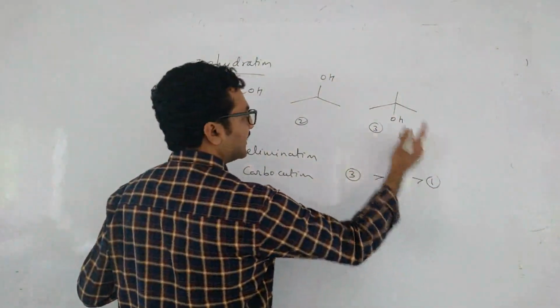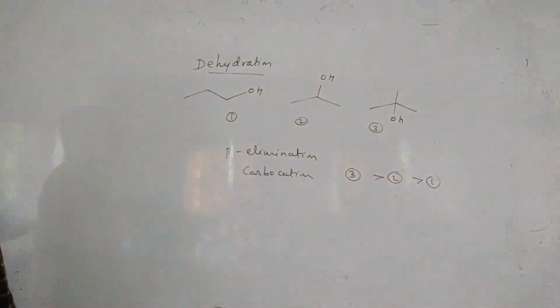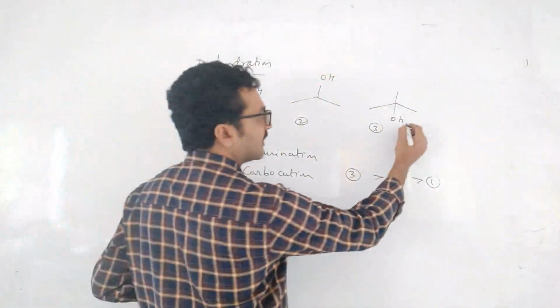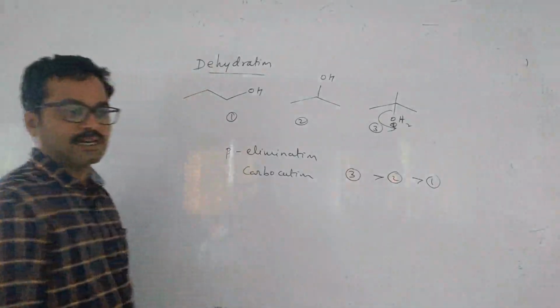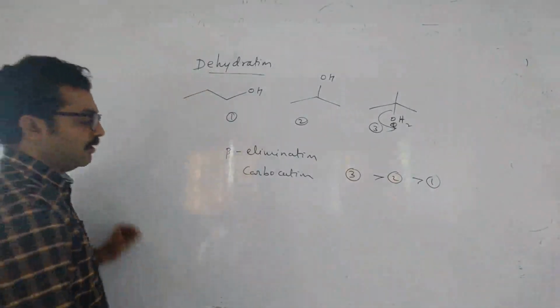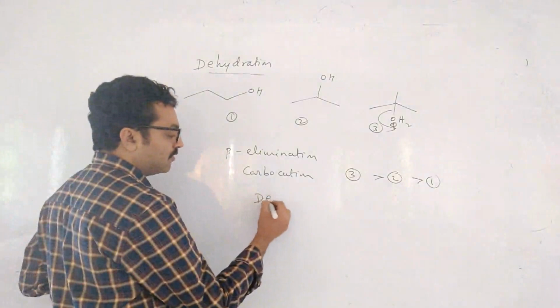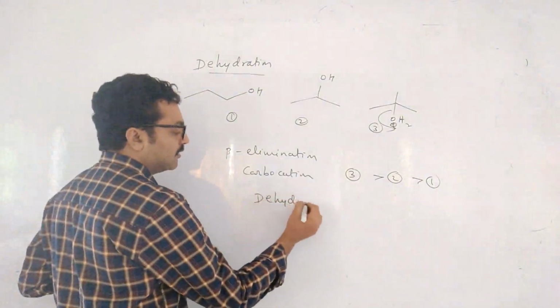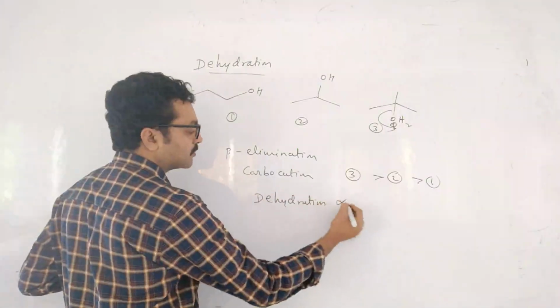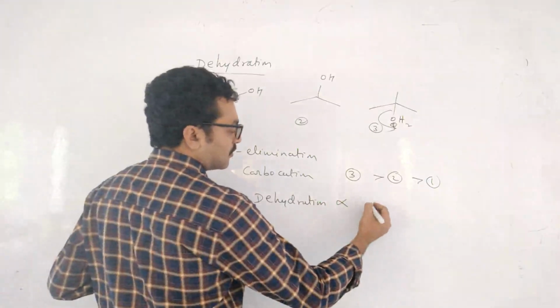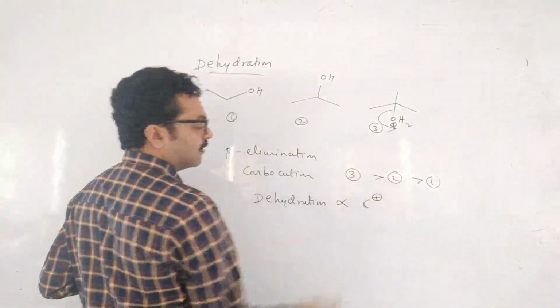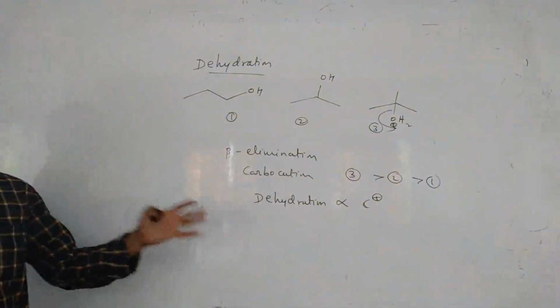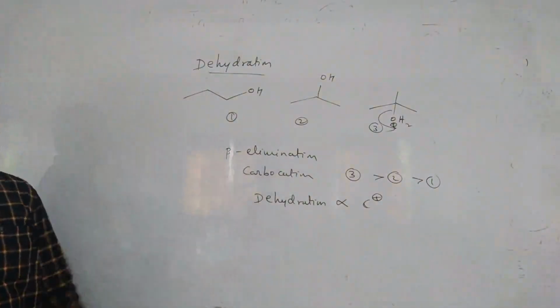Because here tertiary alcohol is there. So first it will get protonated like this. After that, this will be eliminated. Understanding? So dehydration depends upon what? Dehydration is proportional to the carbocation formed, which means whichever forms the more stable carbocation will get dehydrated.